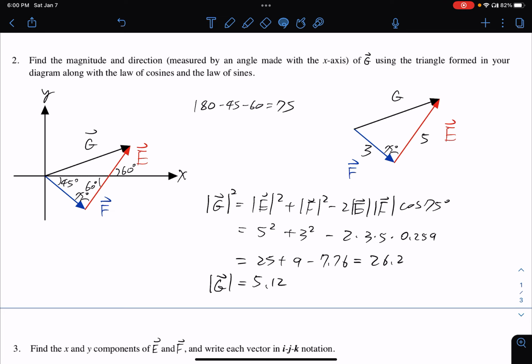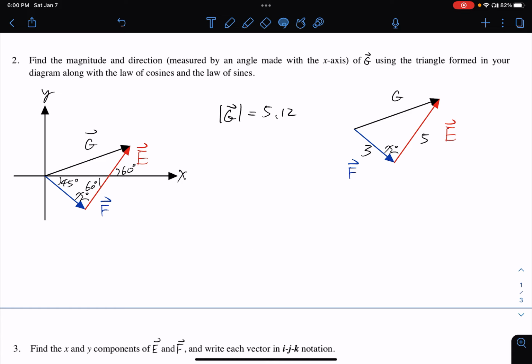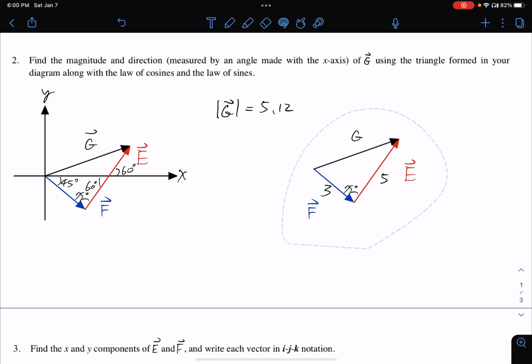Let's move this away. With the magnitude of G, we can use the law of sines to get the angle over here, because the ratio between the side lengths of a triangle is related to the sine value of the corresponding angle.